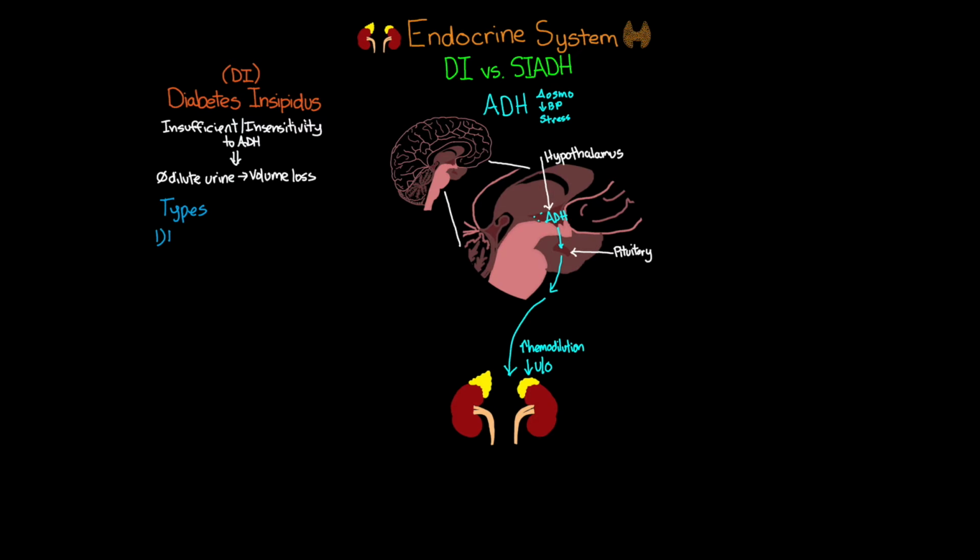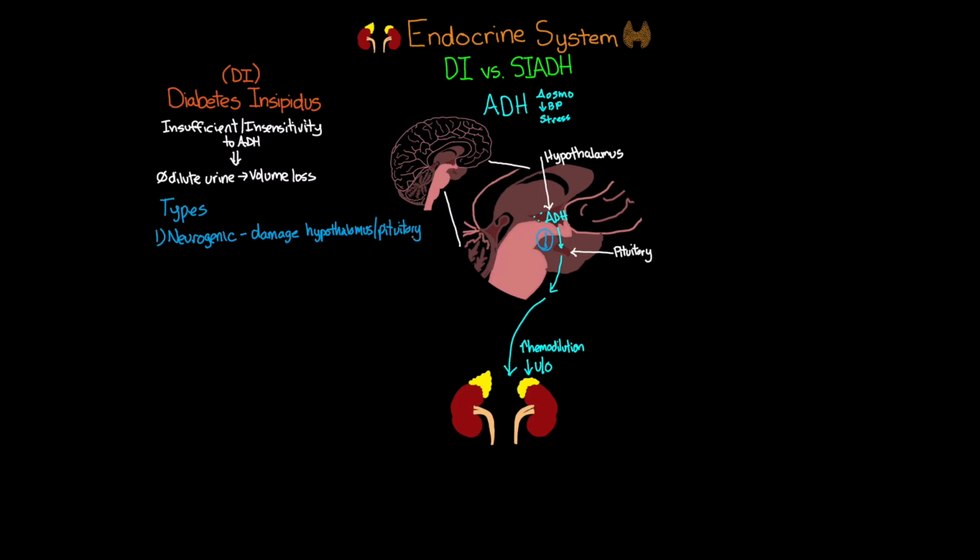And so now in talking about DI, there's really 3 types of DI that we're going to find. The first is going to be what we call neurogenic. And this essentially means that it's hypothalamic or central. And so what's happening here is we have some sort of damage to either the hypothalamus or the pituitary gland.